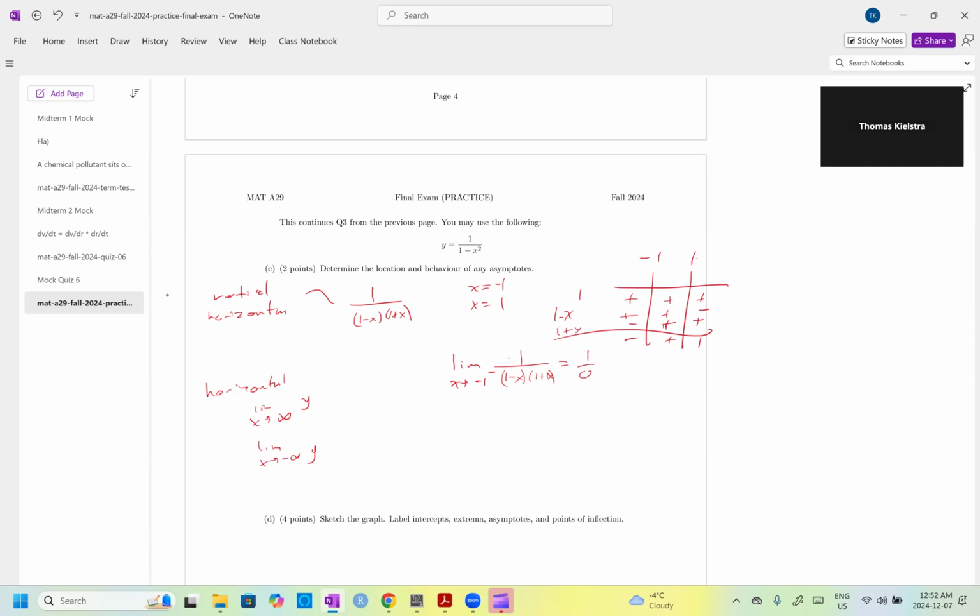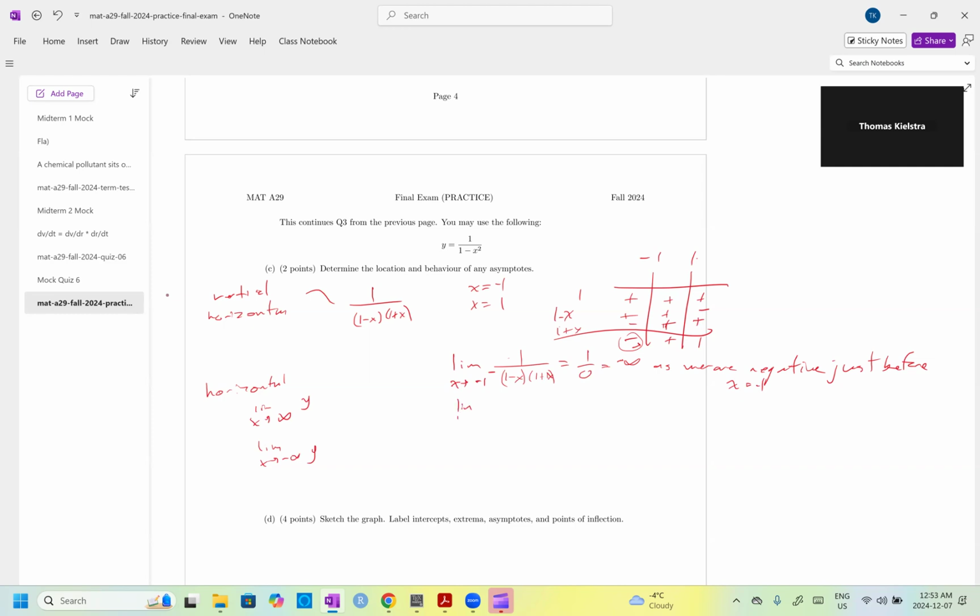And now, if I look from the negative, it's minus infinity as I'm negative. It equals minus infinity as we are just before x equals minus 1.